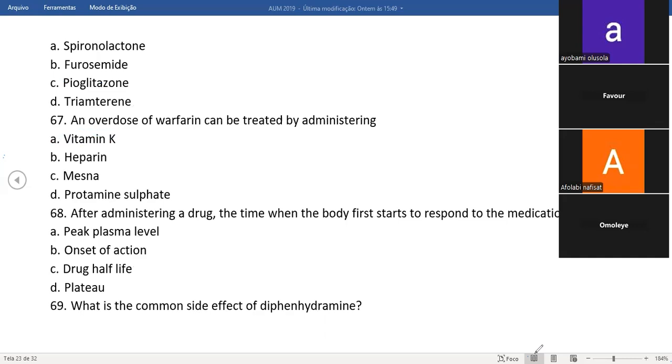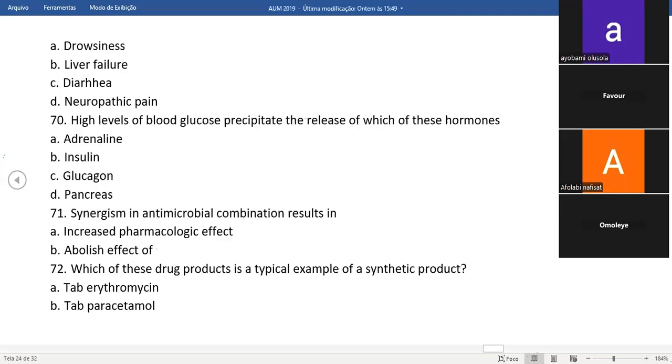After administering a drug, the time when the body starts to respond to the medication is called onset of action. B. Onset of action. What is the common side effect of diphenhydramine?